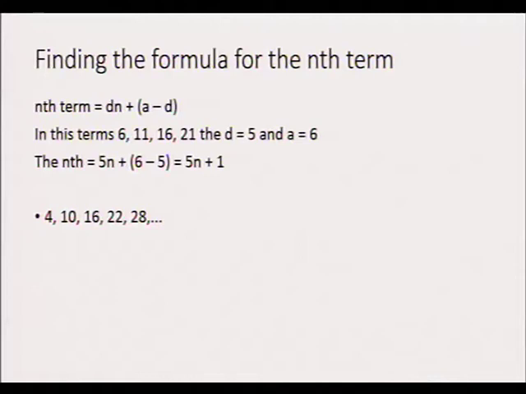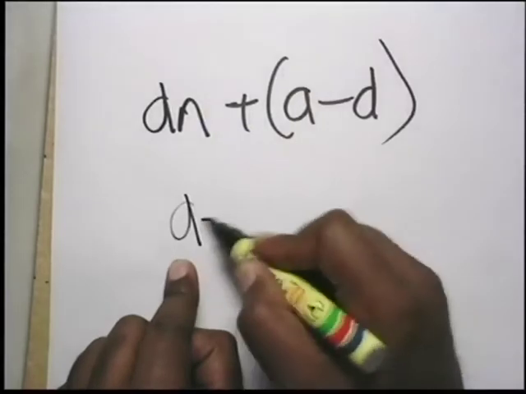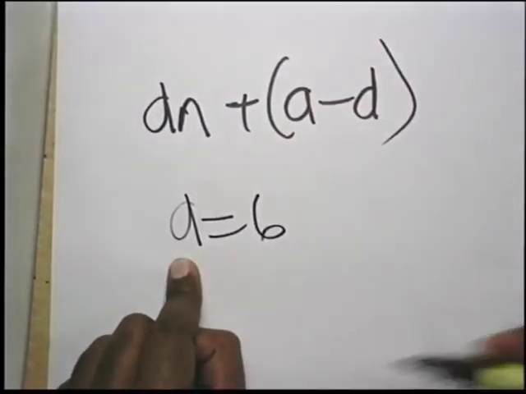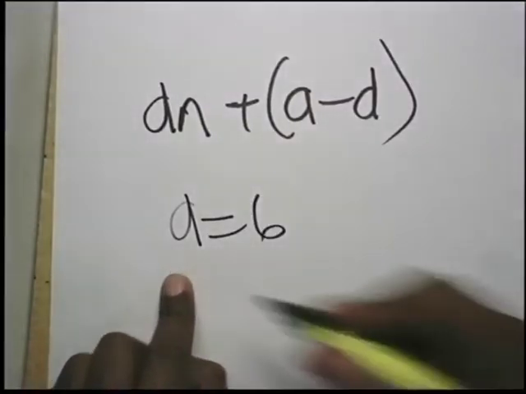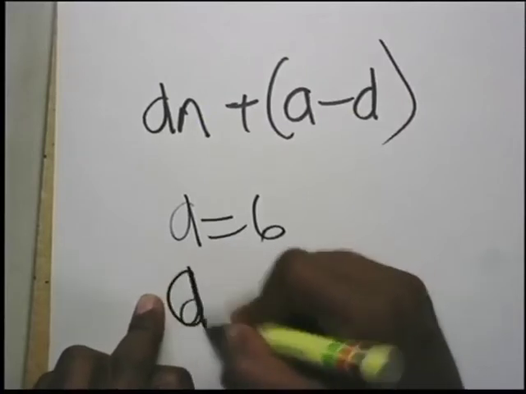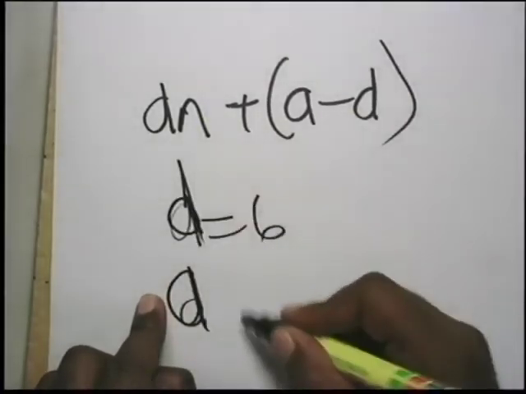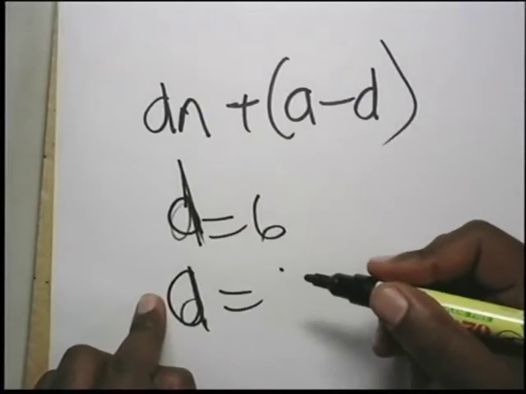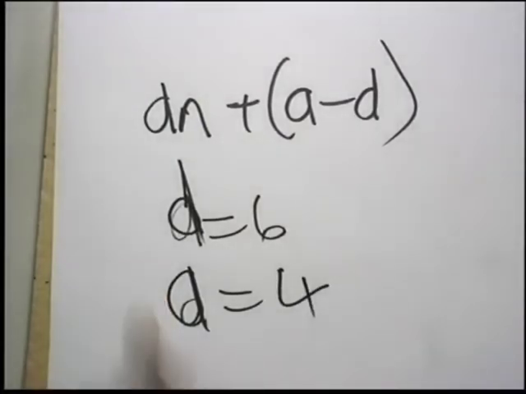So let's look at what we are saying now. The d in this case is 6 because every time it is increasing by 6. So d is equal to 6. And our first term, which is a, sorry, this is d, this is a. Our a will be 4 because that's the very first term.